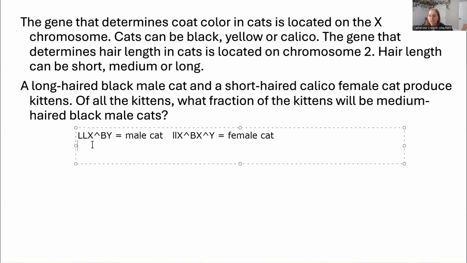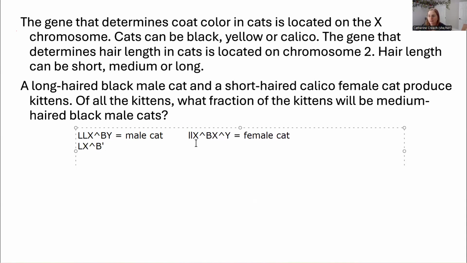We then can figure out the gametes produced by each of these cats. So this male, when he makes sperm, in each of his sperm, he can add the big L and then the black fur chromosome. And then he can use the first big L, but now the Y chromosome. I'm making 4 gametes of each possible version of his alleles.